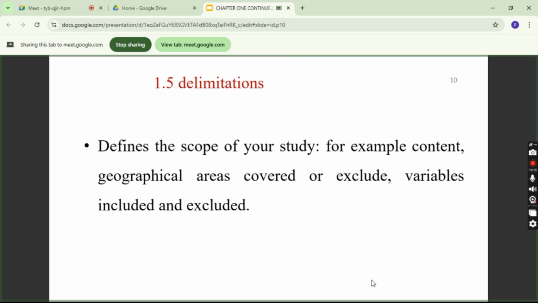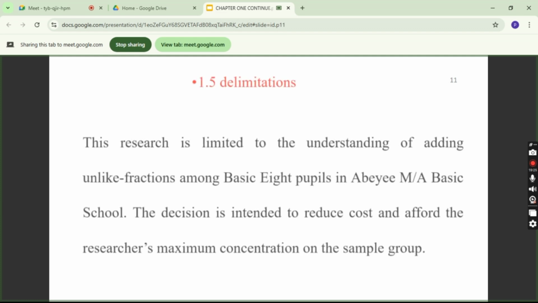Let's look at how I wrote my delimitation using my topic, implementing paper folding method in solving online fraction. So my delimitation of my topic, okay, I said this research is limited to understanding of adding online fraction. So as I said, you can't extend your topic to a different topic.